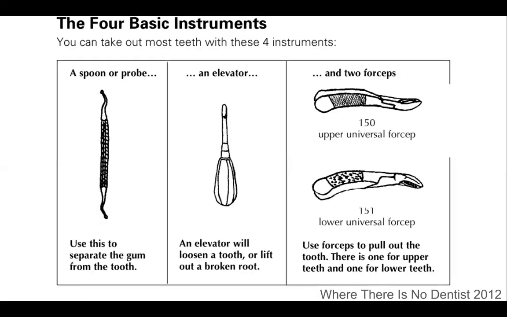Prepare instruments. There are 4 basic instruments. We need a probe, we need an elevator, and 2 forceps, one for the maxillary teeth and one for the lower mandibular teeth.